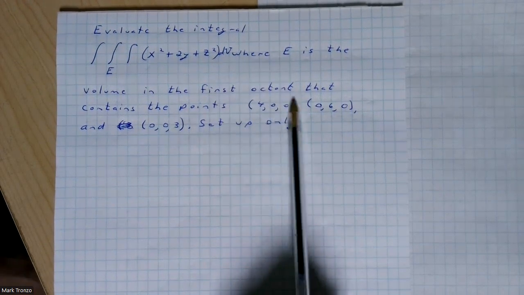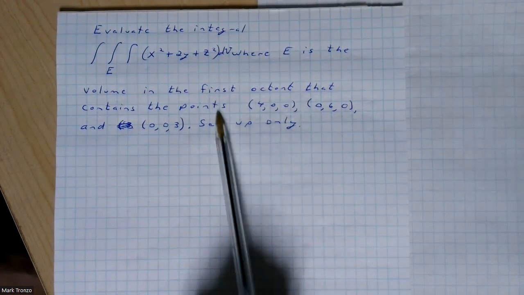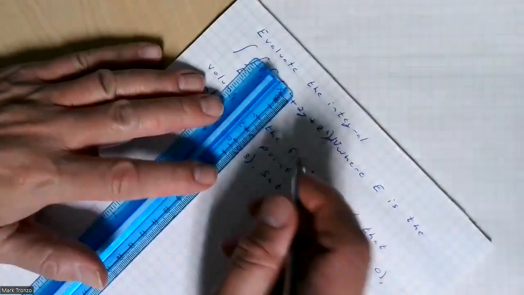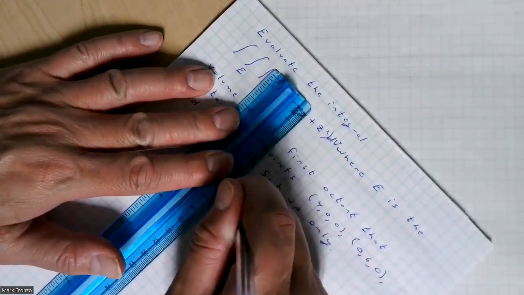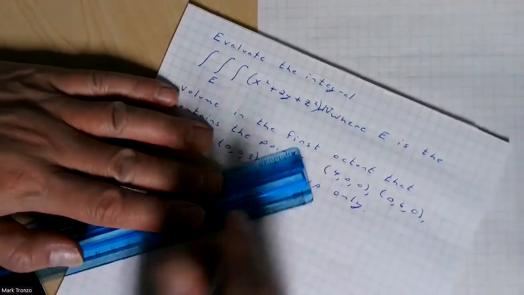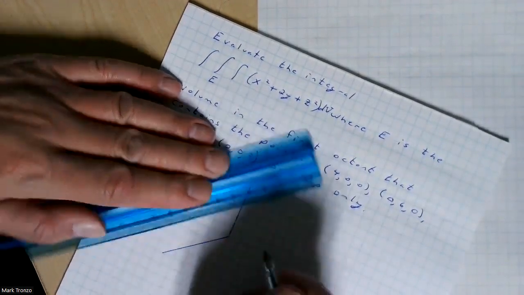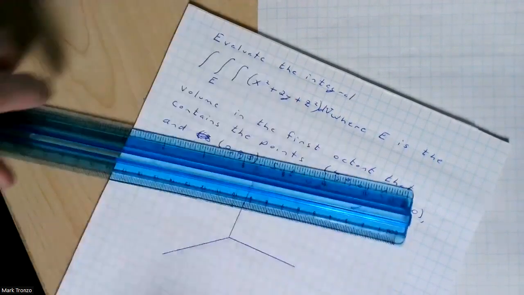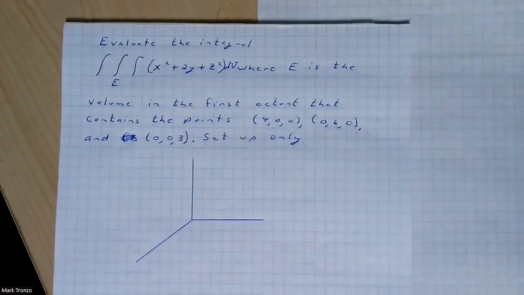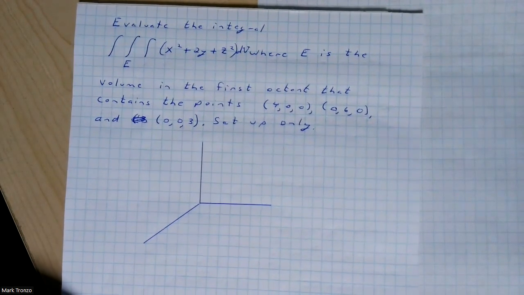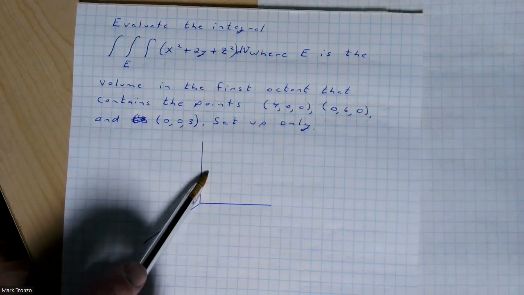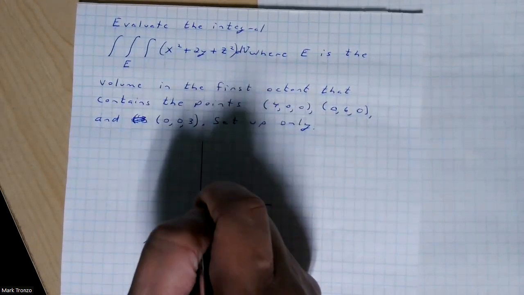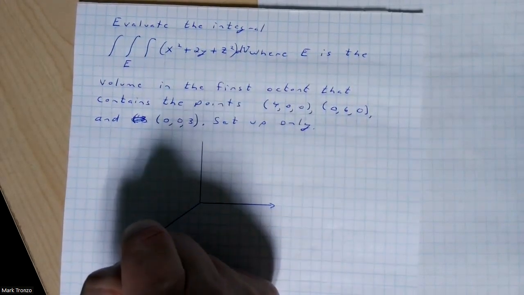I probably should have said here this is going to be a plane. And let me just show you what I mean here. This is going to be a plane. So it's going to be the volume in the first octant that is bounded by the plane that contained these points. So I should have had a little bit more description there.